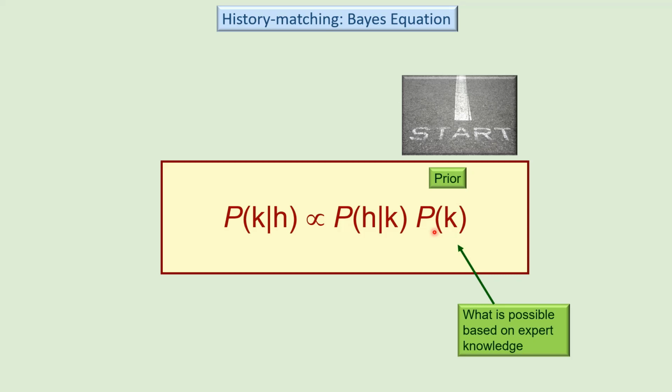After we've characterized a site, measured system properties at a number of locations, there's still plenty of uncertainty of what the properties are at other locations. So the prior probability distribution expresses uncertainties that are forthcoming from expert knowledge and site characterization. These are the uncertainties that exist before we do any history matching. That's why this is called the prior probability distribution.